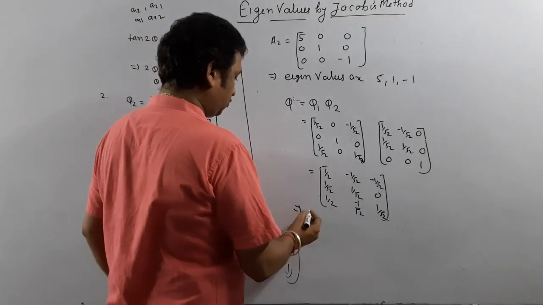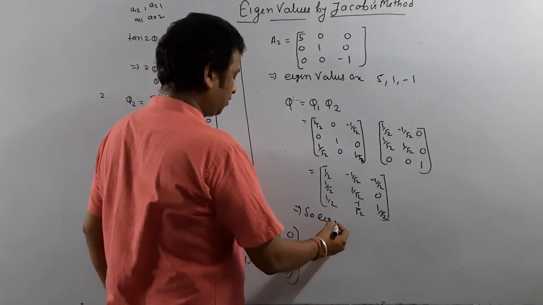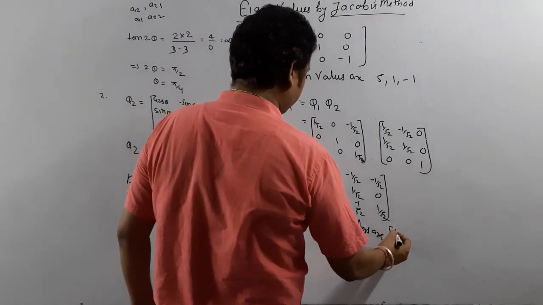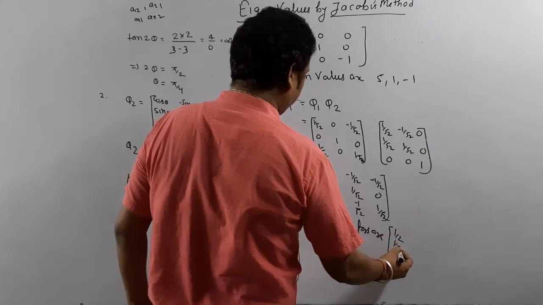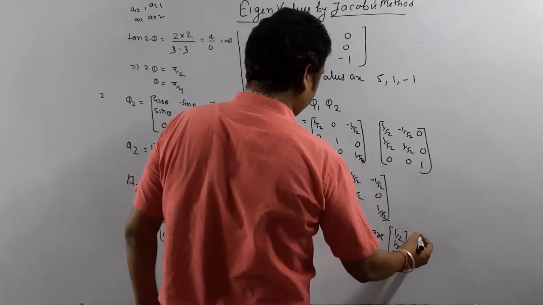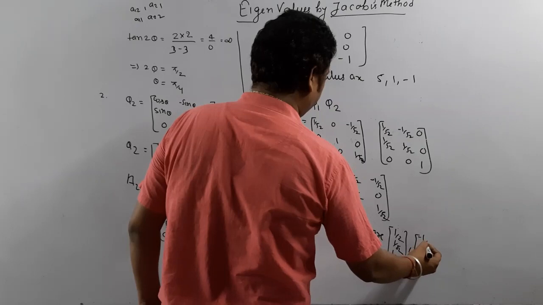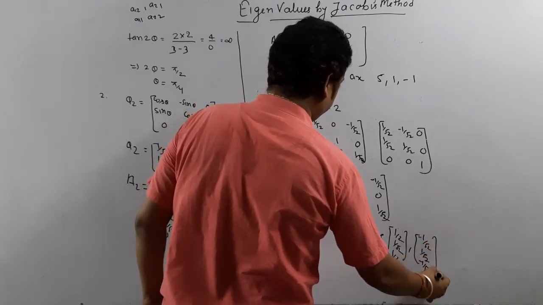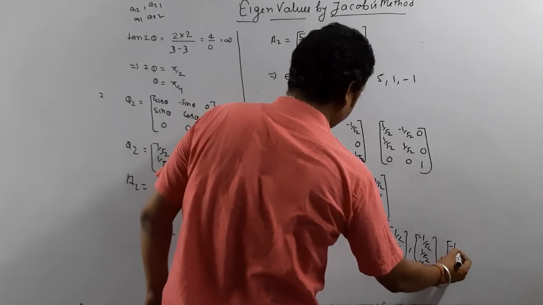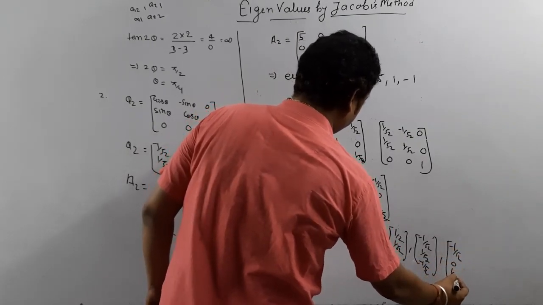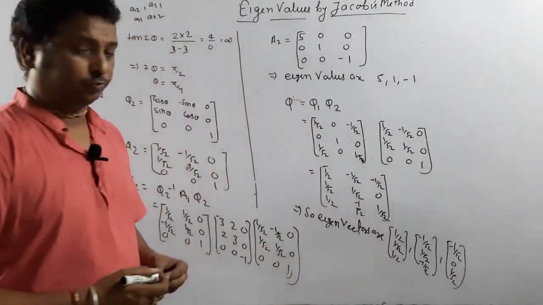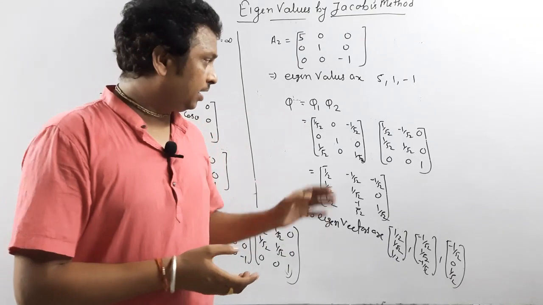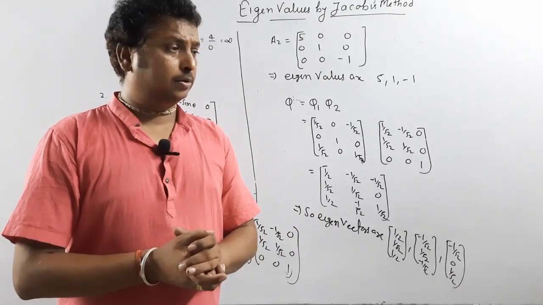So the eigenvectors are 1 by 2, 1 by root 2, 1 by 2; minus 1 by root 2, 1 by root 2, minus 1 by root 2. This much.